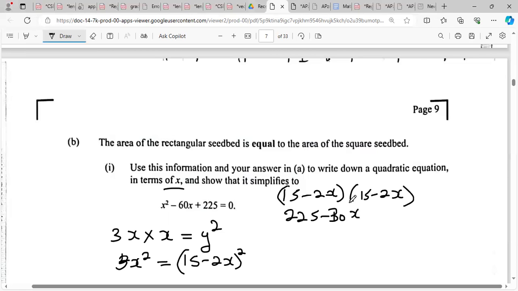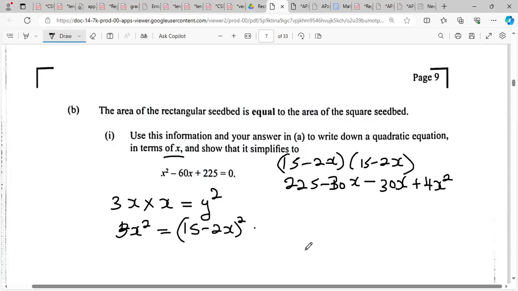Next we use negative times 15, negative 30x as well. And then negative 2x times negative 2x, that's positive 4x squared. Alright, so all of this works out to that. What a piece of stress. Let me just transfer this.